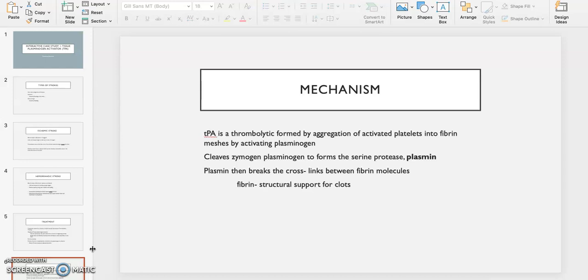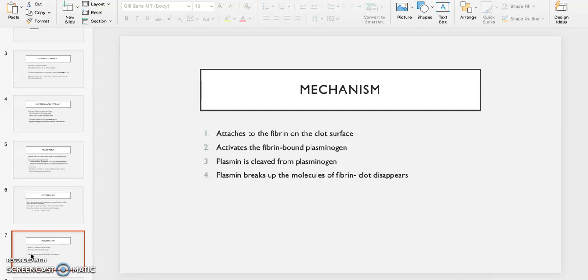Again, it's a thrombolytic acting on clots formed by the aggregation of activated platelets into fibrin meshes by activating plasminogen. It cleaves the plasminogen to form the serine proteinase plasmin. Then plasmin breaks up the cross-links between the fibrin molecules. Fibrin is the structural support that forms the clots.